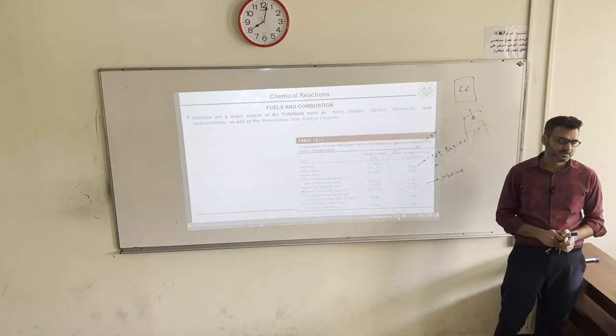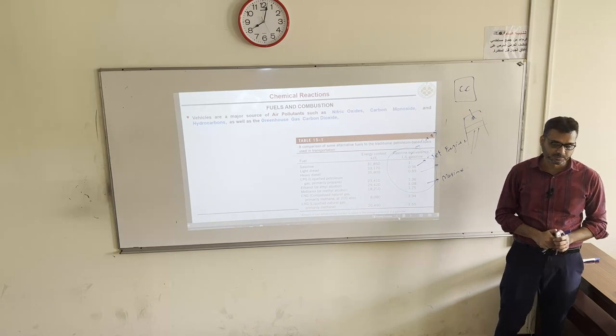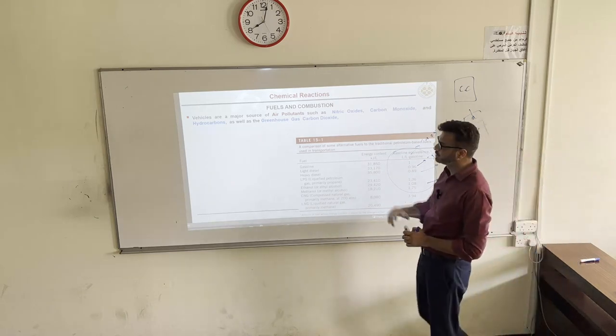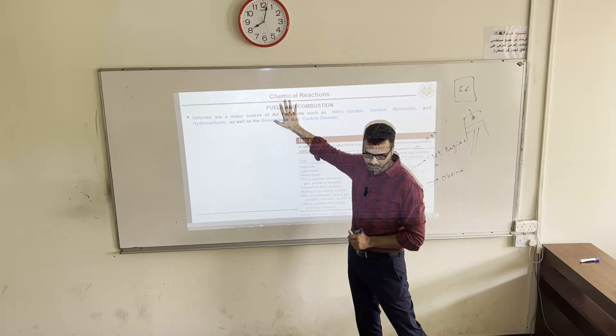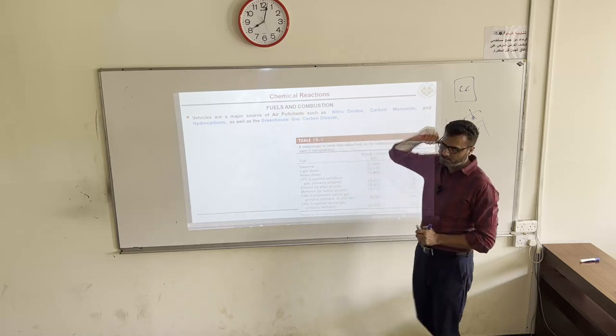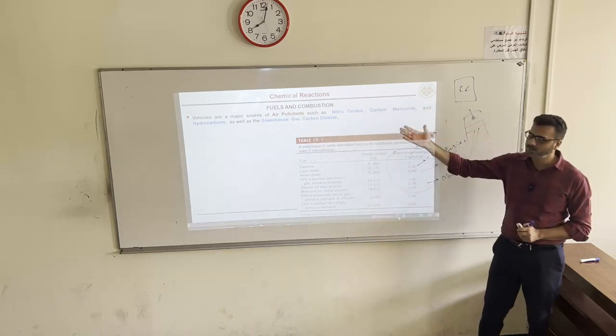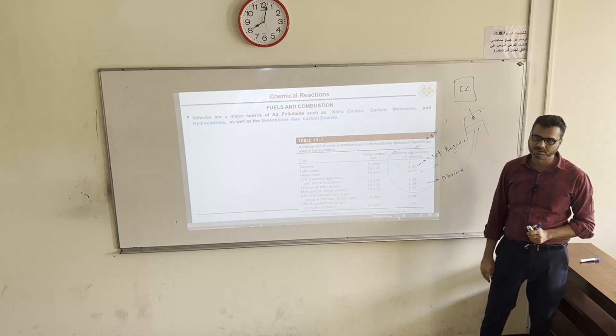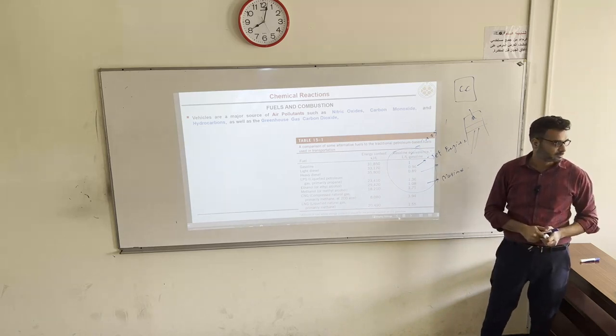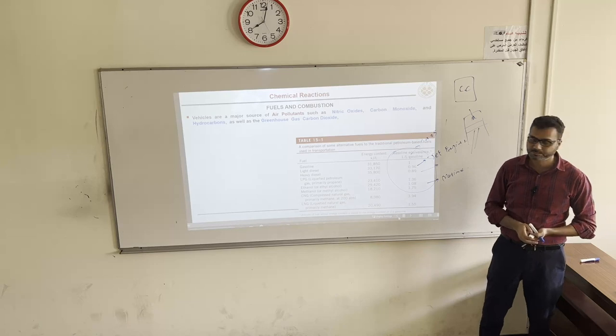What is the problem with these fuels? When you burn them, they produce gases. Some of those gases are not good for our environment. They are a source of greenhouse gases, and some of those gases are poisonous for us.